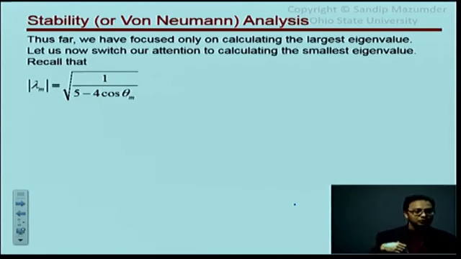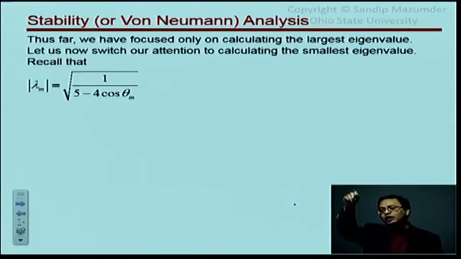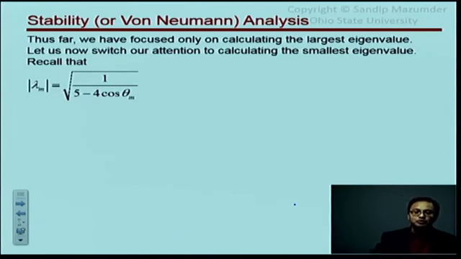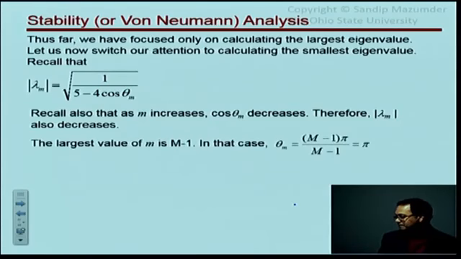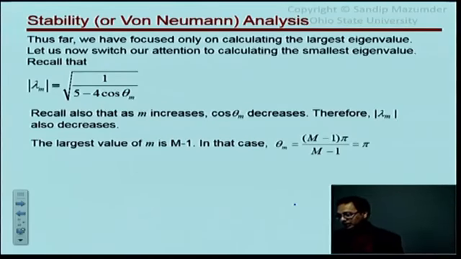If you go back to that expression, 1 divided by 5 minus 4 cosine theta, the largest value of m will give you the smallest value of lambda. So we are looking at the largest value of m, which is m minus 1.